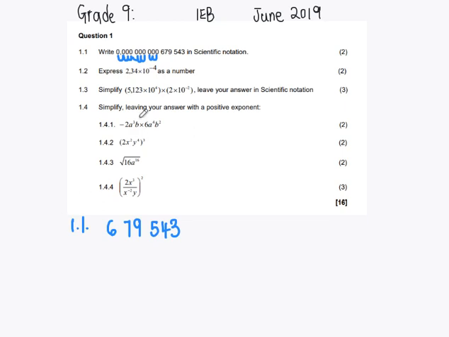Okay. So remember, when we're doing scientific notation and you have this big number, we're just trying to reduce it. So first we must move the decimal over to the first non-zero number. So we must put it here. Now we count how many places we moved it by. The decimal is here, so we're moving 1, 2, 3, 4, 5, 6, 7, 8, 9, 10.